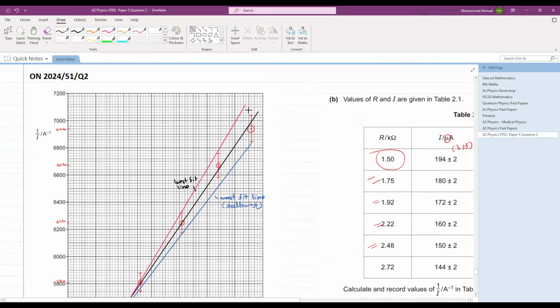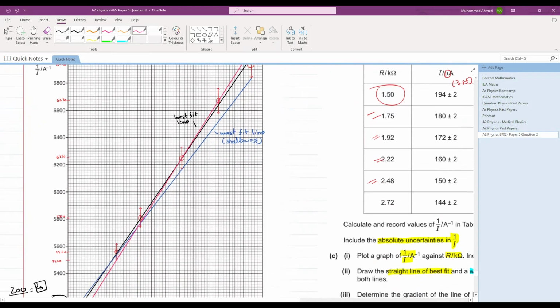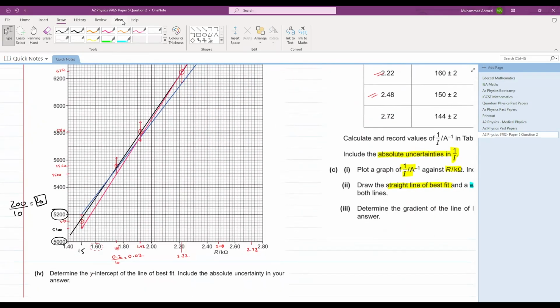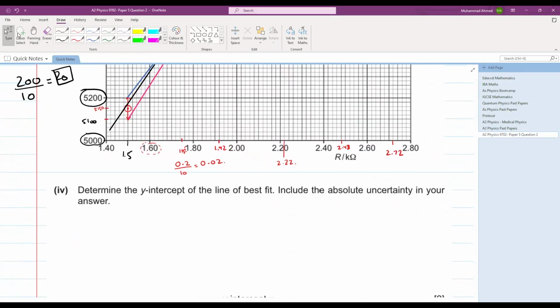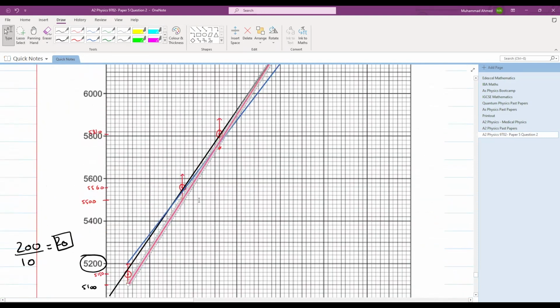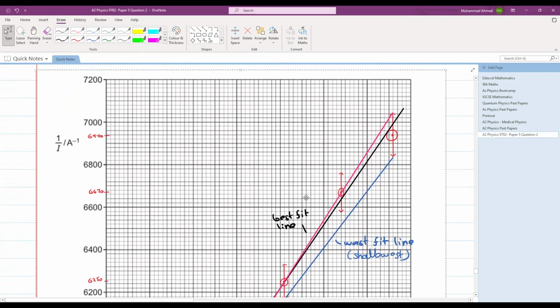The steepest worst fit line can be drawn by taking the negative value or the minimum value of the first bar and taking the positive value of the last bar. Oh, I will have to restructure it a bit. Yeah, somewhat like this, starting from here and ending at the top. Perfect.